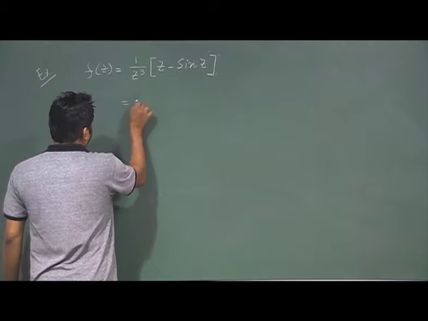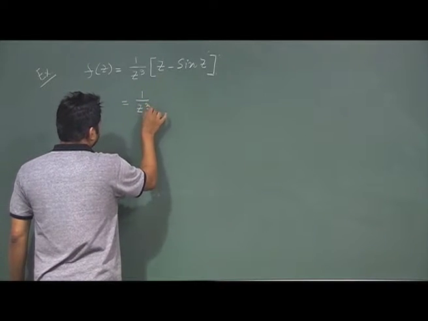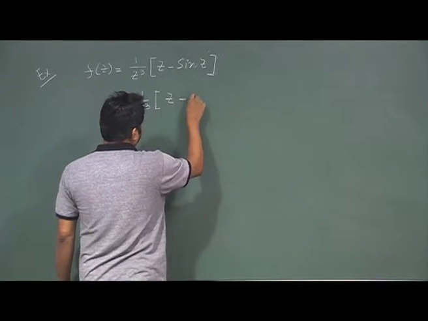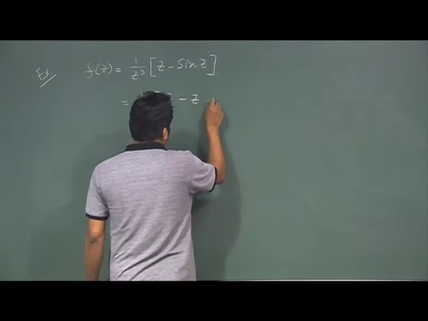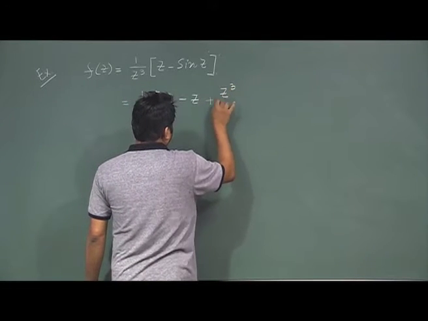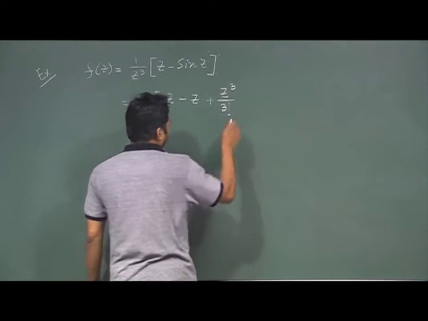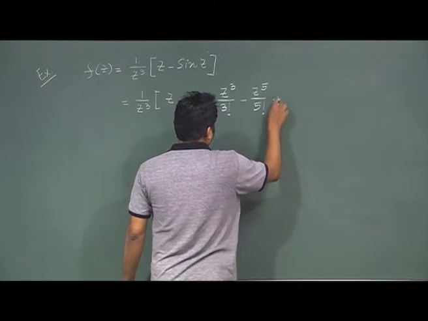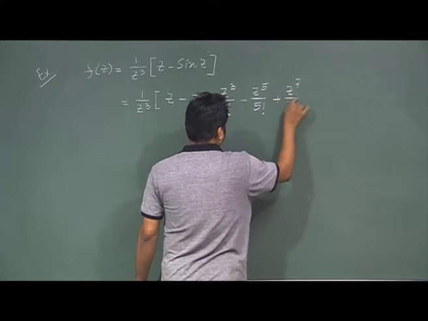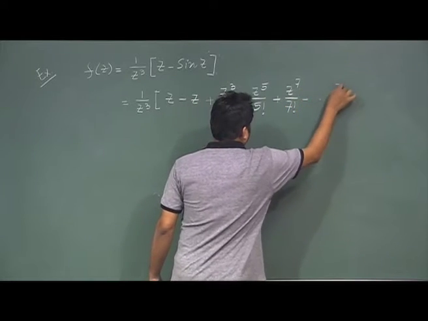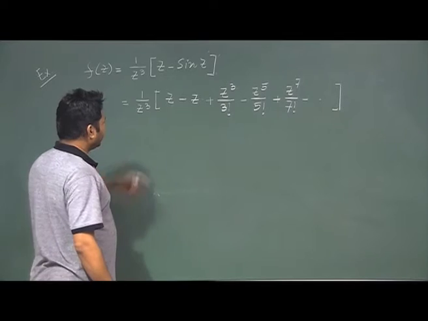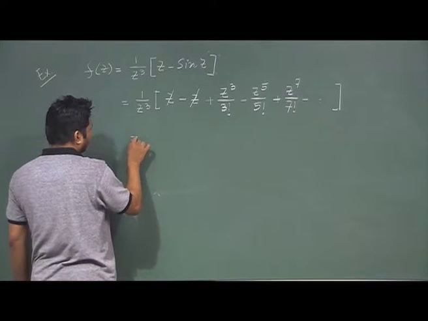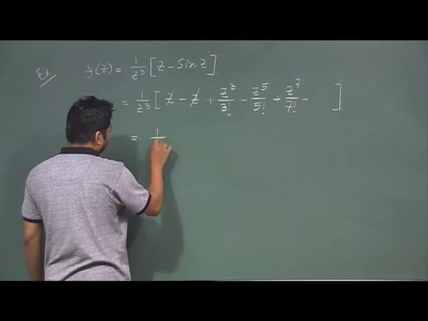If I do that, then readily I can find z, the first term, and then the series of sin z, where we have z minus, then plus z cube by factorial 3, minus z to the power 5 by factorial 5, plus z to the power 7 by factorial 7, something like this. And now z is cancelling out, and finally I am having something like this.